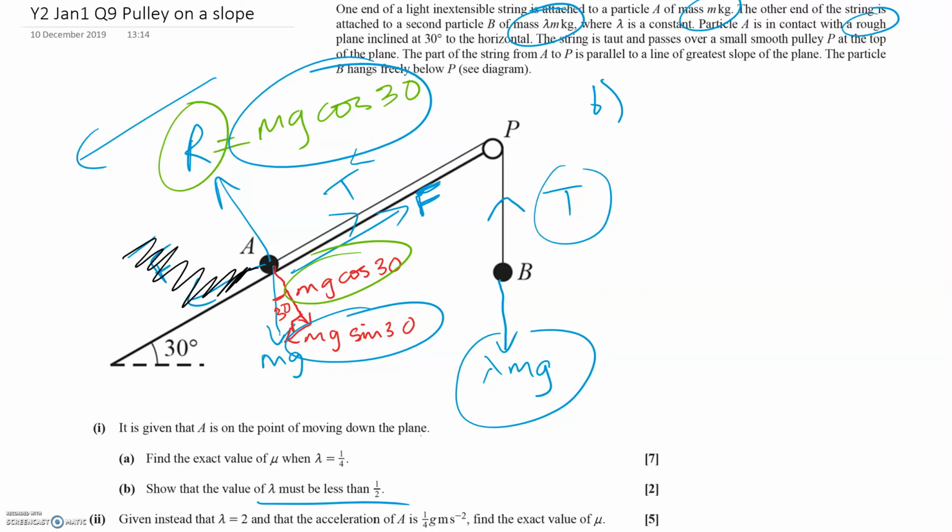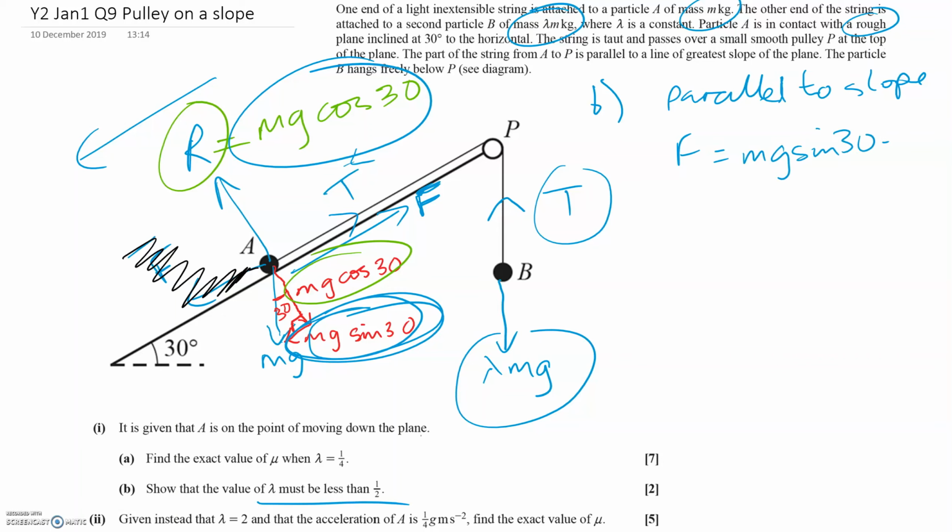So if we look at the forces parallel to the slope again, you can see that the frictional force F equals this component of gravity mg sine 30 minus the tension in the rope. And we know that is lambda mg from here.